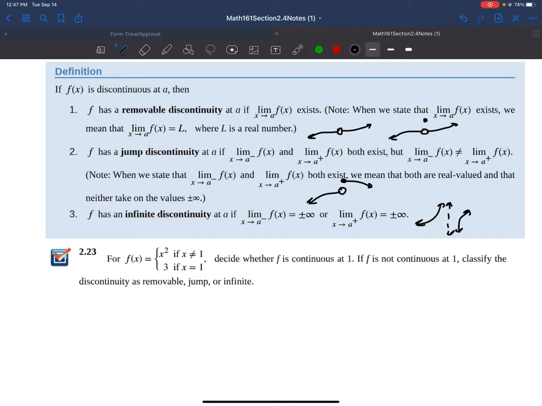But pay attention to how you identify it without a picture. Removable discontinuity, the limit exists. As you can see here, in both of these cases, the limit does exist from the left and the right. They're both approaching the same height, even though the value of the function is different in that one. In the second case, the limits are not the same from the left and the right. And in the last case, the limits are infinite as we come from the left and or the right.